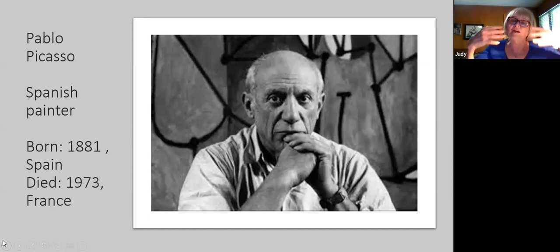Now, Van Gogh was a reaction to Impressionism, so his group was called the Post-Impressionists. Picasso and his contemporaries you could, in a way, view as a reaction to the Post-Impressionists, taking it a step further.